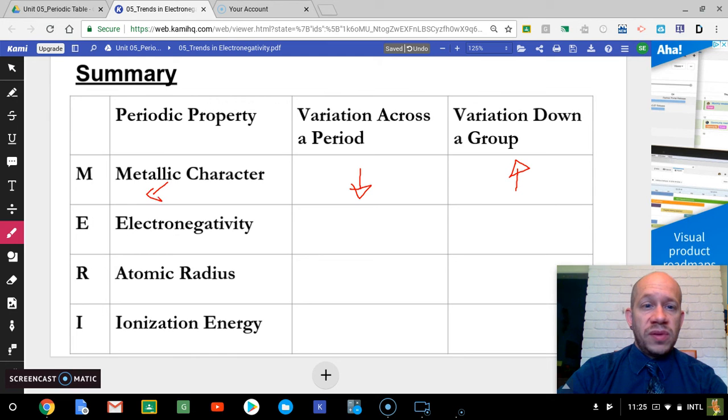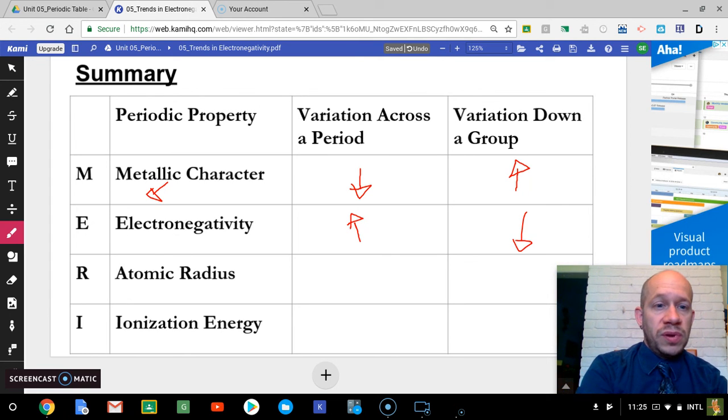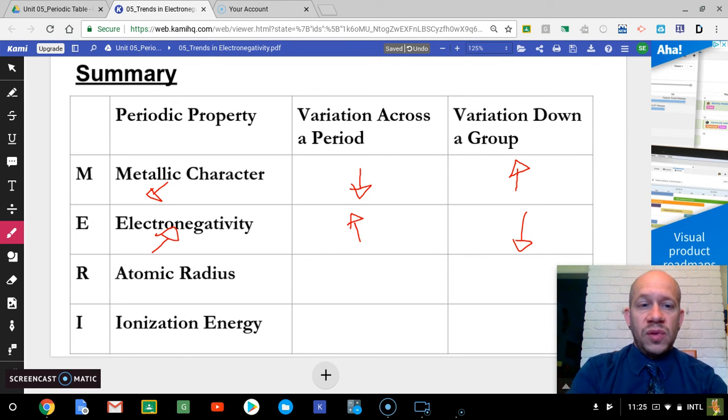So if I put those together, it's going to increase in this way. Electronegativity is the opposite. It increases going across a period and it decreases going down a group. So if I do the diagonal, it's going to increase up towards fluorine.